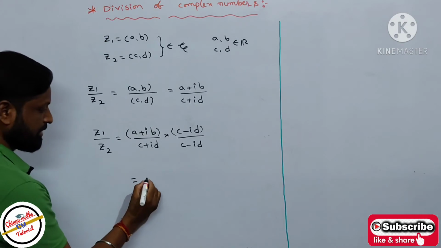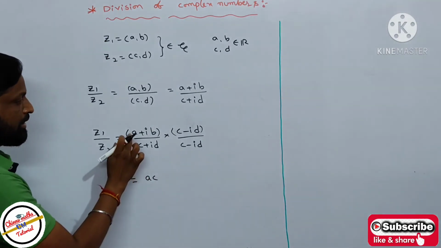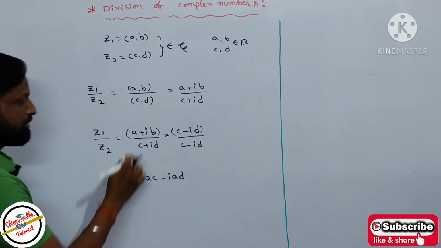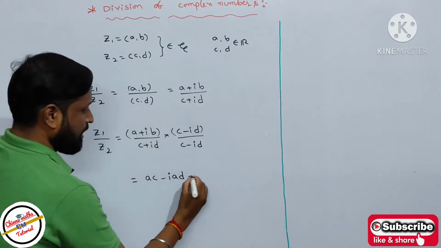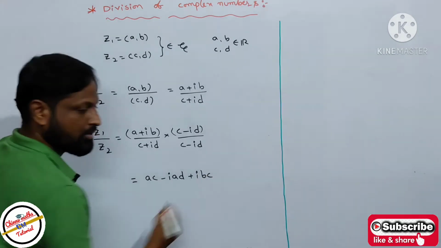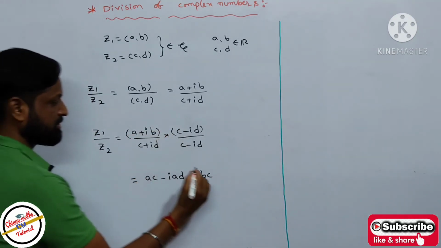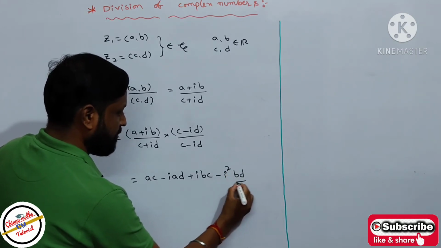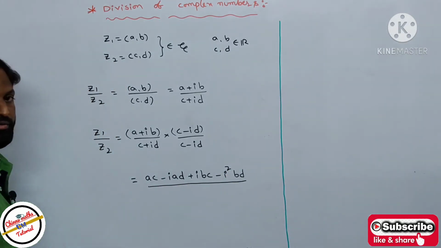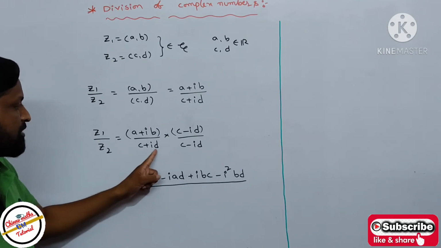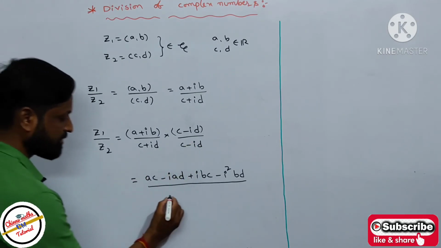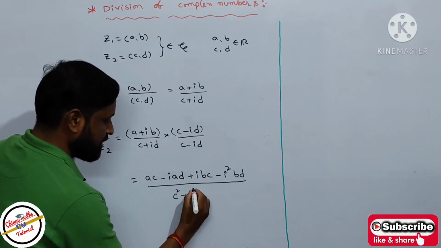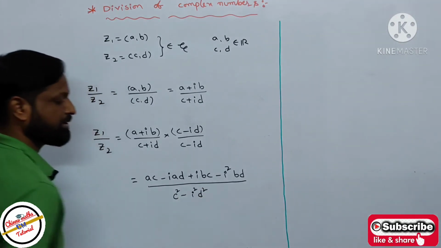Then multiply: a into c, that is ac. a into minus of id, minus I into ad, then plus into plus, plus I into bc. Then plus into minus, minus I square into b into d, by the denominator value. You can observe the denominator is in the form of a plus b into a minus b, a square minus b square, which means a square minus I square into d square.